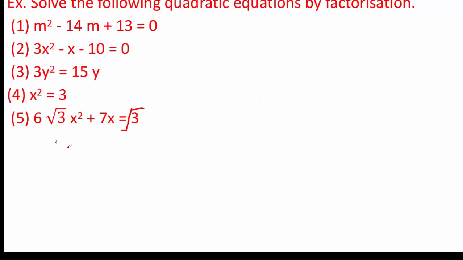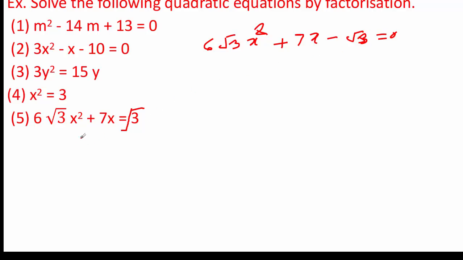Fifth problem, the equation is 6 root 3 x square plus 7x minus root 3 equal to 0.